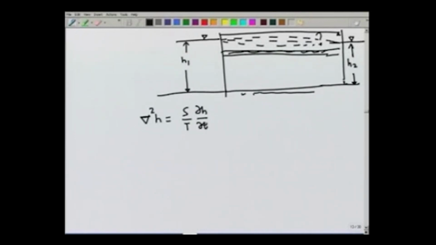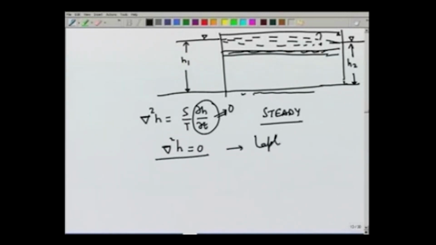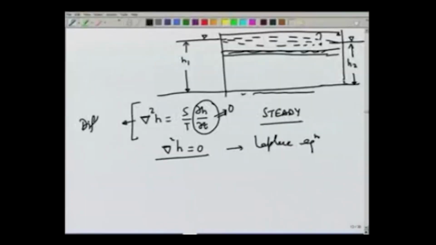Now, if we make the assumption that the flow is steady, then del H by del T will be equal to 0, because steady means the parameters are not changing with time. Therefore, we will get a simple equation which is known as the Laplace equation.